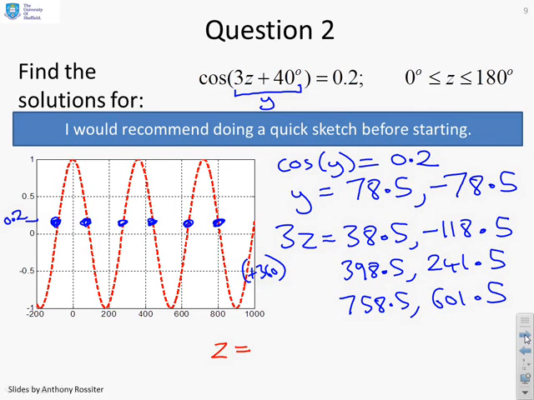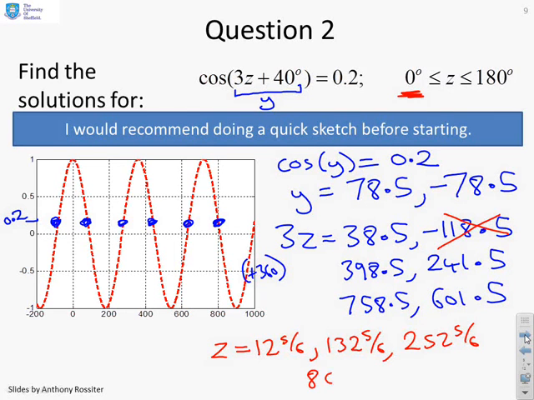So z equals 38.5 over 3, which is 12 and 5/6. 398.5 over 3 is 132 and 5/6. And 758.5 over 3 is 252 and 5/6. The minus 118.5 I don't need to do because I'm looking at a range starting from 0 degrees. 241.5 over 3 gives me 80.5, and 601.5 over 3 gives me 200.5.